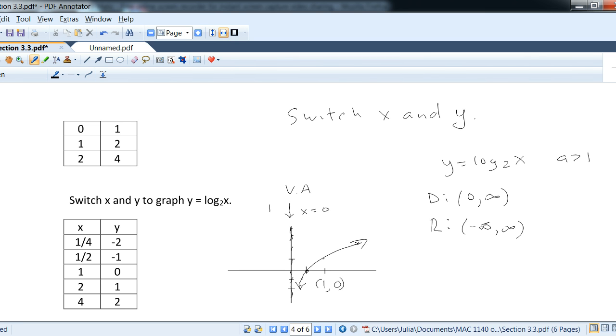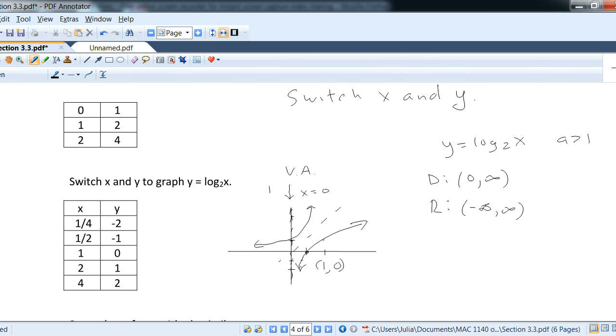As we know about inverse functions, this is a reflection of the exponential, except it's a sideways reflection, or a reflection about y equals x. So if we know there is an exponential, we can reflect it and we'll get the graph of the logarithm.